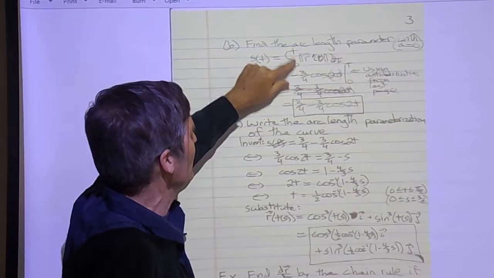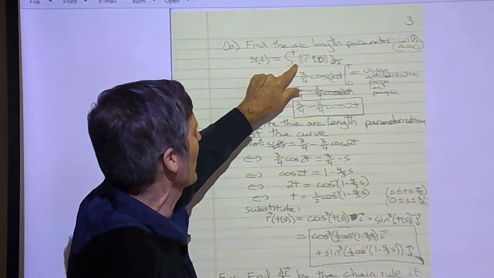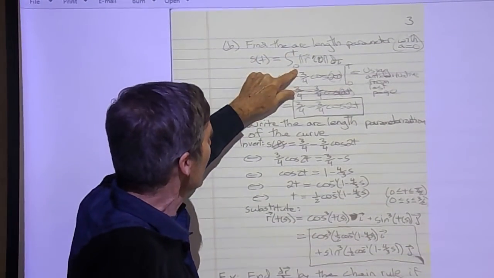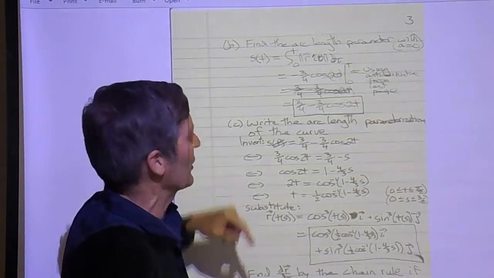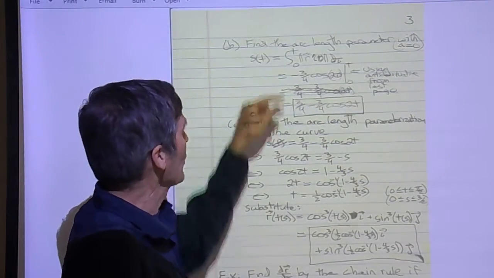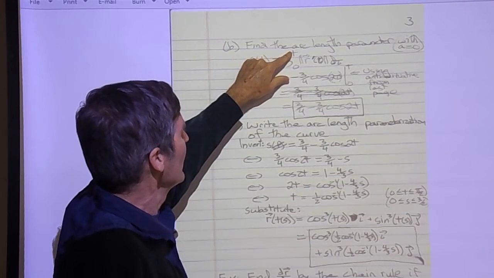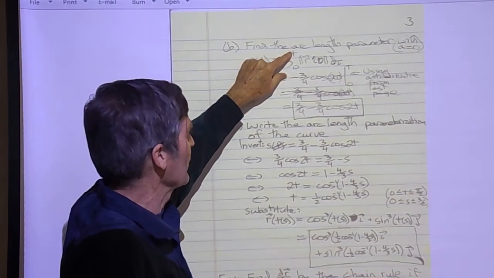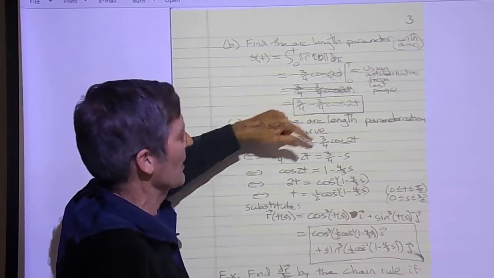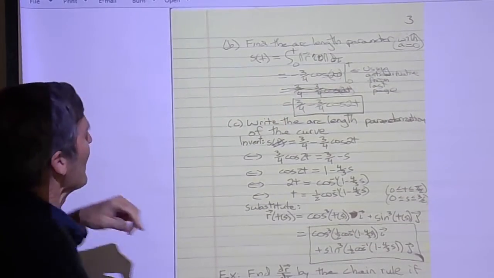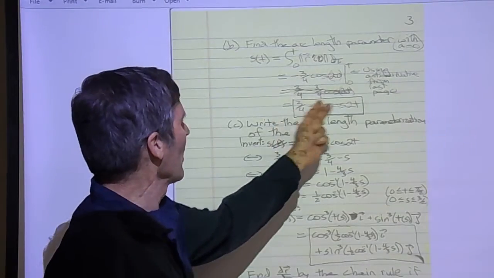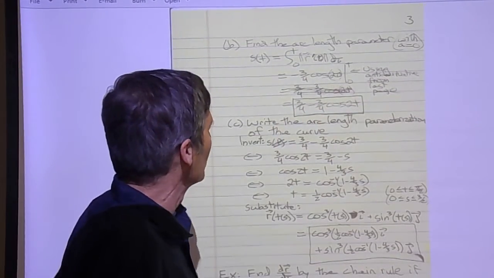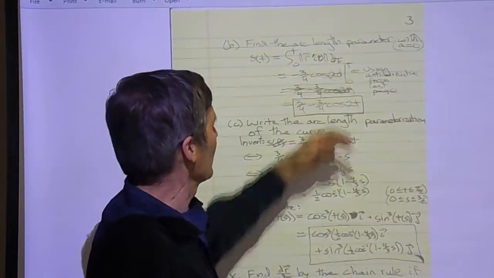If we put in t equals 0, this is the integral from 0 to 0, so the arc length, if you're at 0, is nothing. This says we've gone this many units past t equals 0 to get to the current point we're at. Now you can also go backwards to a negative number. If you do, then you get a negative result. It becomes minus the arc length back to the position you're at. So this is the arc length parameter as we move along the curve from 0 to pi over 2 in this case.